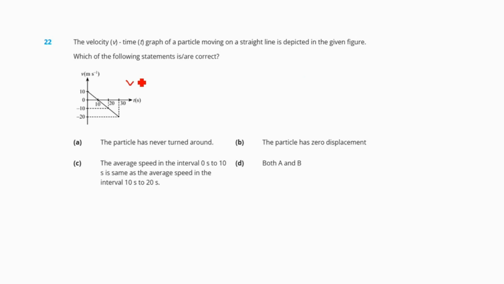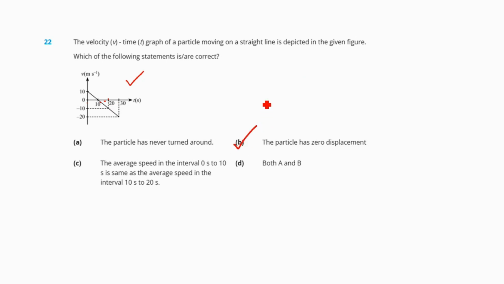And from this graph, we can see that the area under the VT graph is non-zero. Thus, the displacement of the particle is non-zero, right? As the ratio of area under VT curve and the time interval is the same from 0 to 10 and 10 to 20, the average speed is the same in both intervals. So our correct answer is option number B.